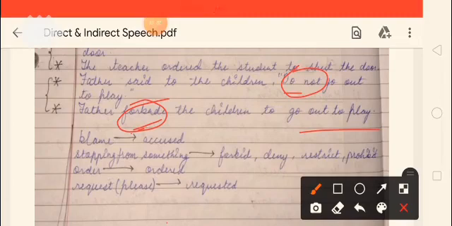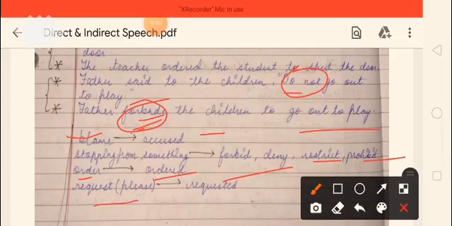There's one more thing. If the sense of the reported speech is like blame, then the word "accused" is used. Or if it comes in the sense that something is stopping you, then words like forbid, deny, restrict, prohibit will be used, like here you used "forbade". In case of order, the word "ordered" is used.